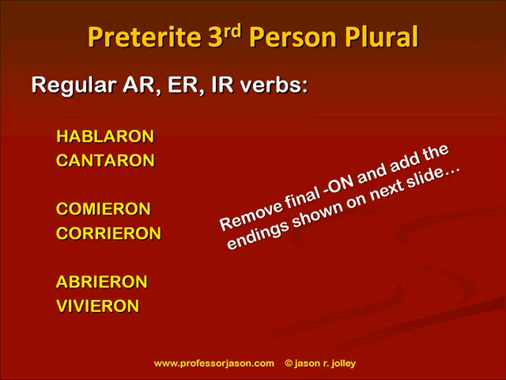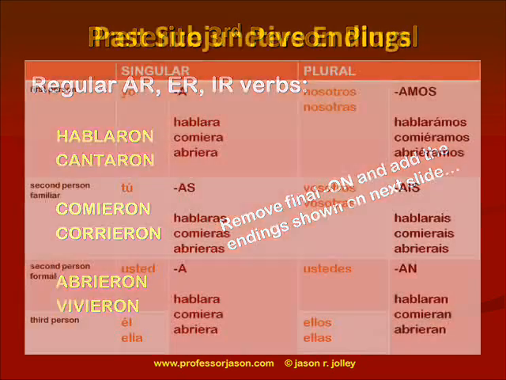So we have forms like hablaron, cantaron, or for ER verbs, comieron or corrieron. For IR verbs, we have examples like abrieron or vivieron. All right? What we're going to do next to get to the correct past subjunctive form is to remove the ON and to add the endings that we can see on the next slide.